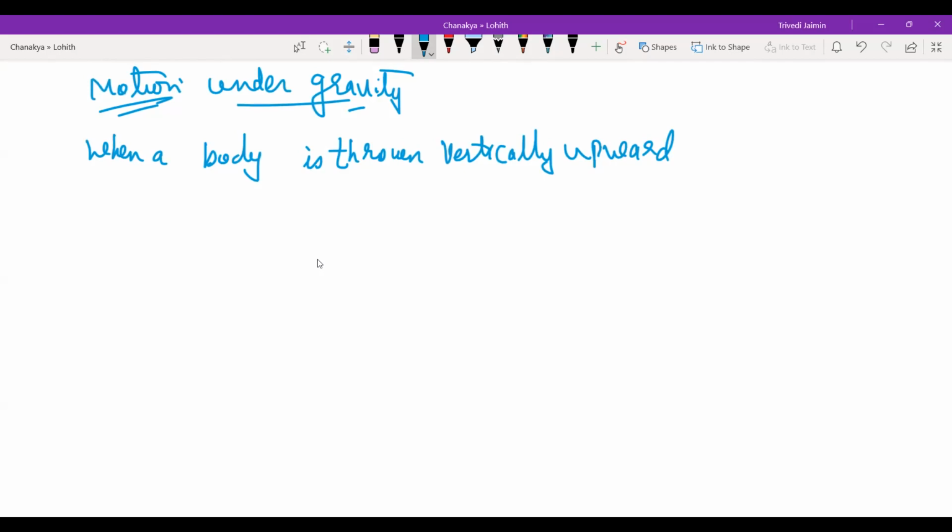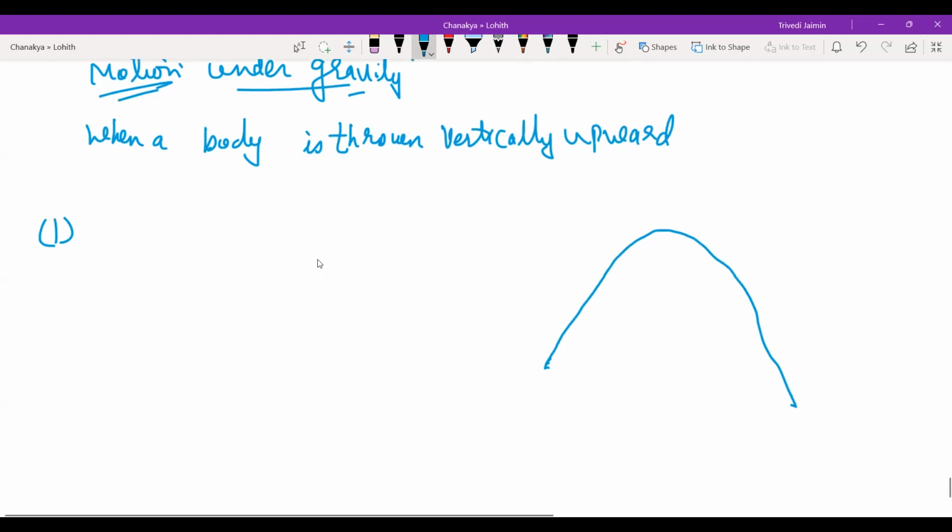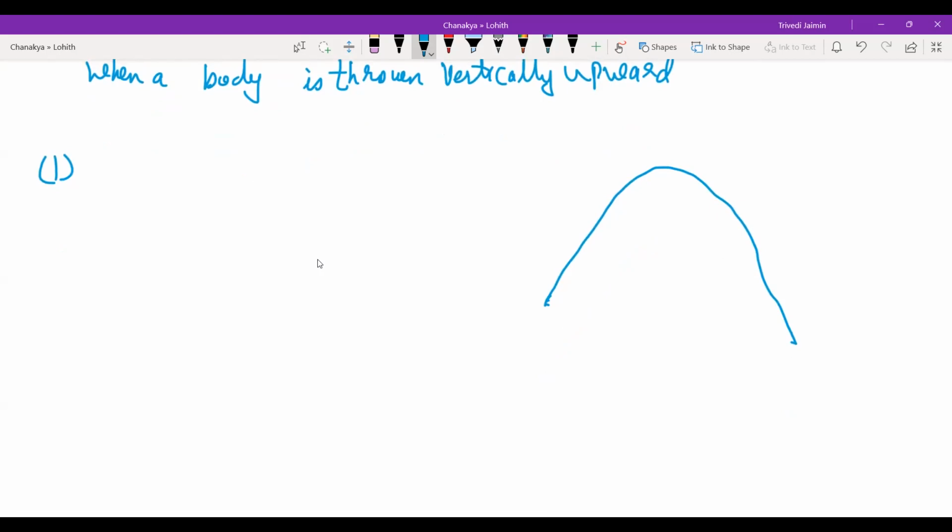So here, mostly we are going to study an object which is thrown from point A here and back here. So this is some ball here and it returns back.